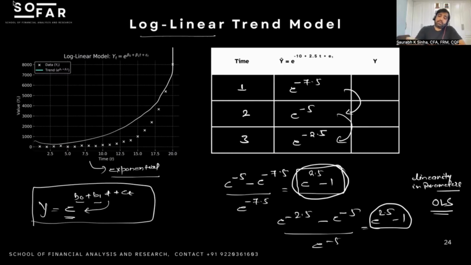The reason is, if you do e to the t plus 1 minus e to the t upon e to the t, every time it will come as e to the power 1 minus 1. So therefore, this is increasing by a constant rate. It can also decrease by a constant rate.